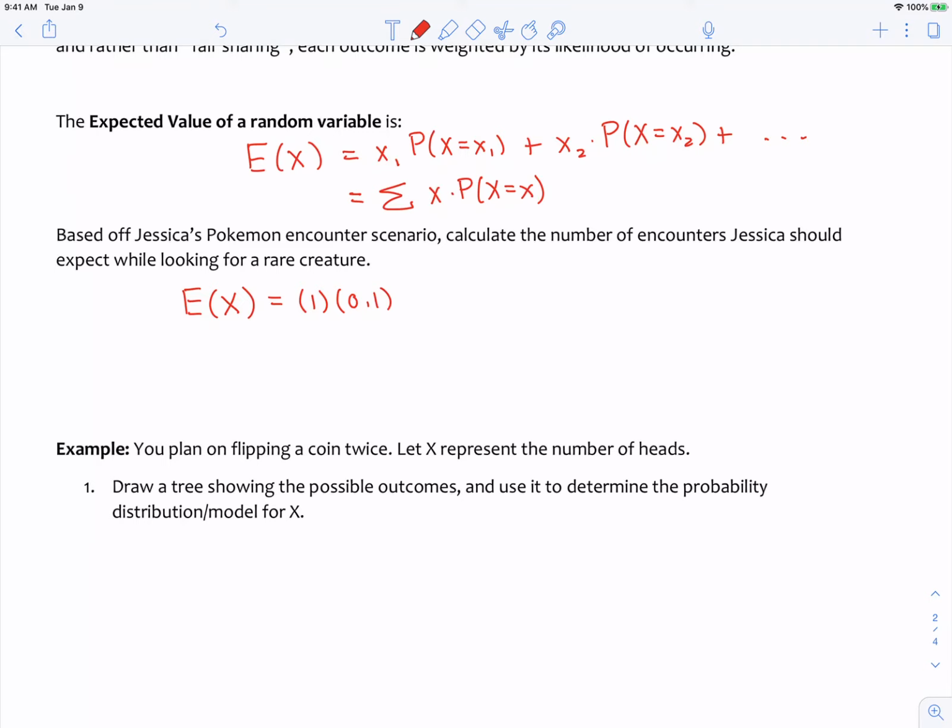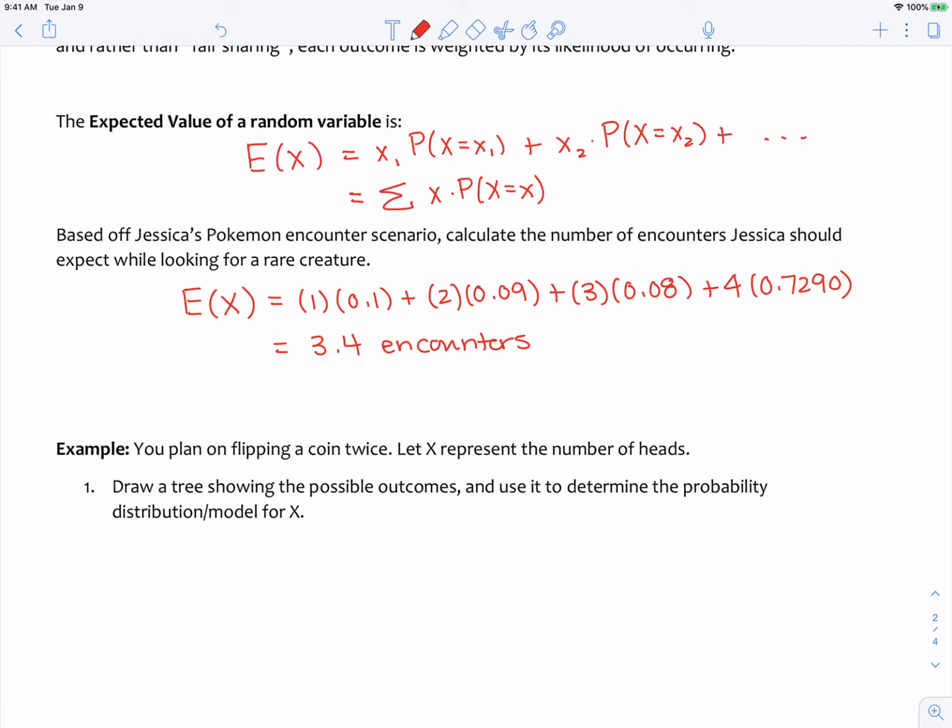And since there was a 10% chance of having one encounter, times 0.1, plus the value of the next outcome, which was 2 encounters, and the probability of that was 0.09, plus the next number of encounters we could have times the probability of that number of encounters, plus 4 times the probability of that number of encounters. And then that should come out to 3.4, and units on this would be encounters.